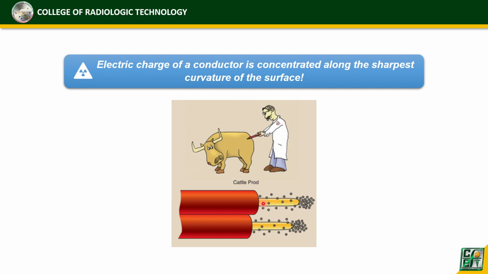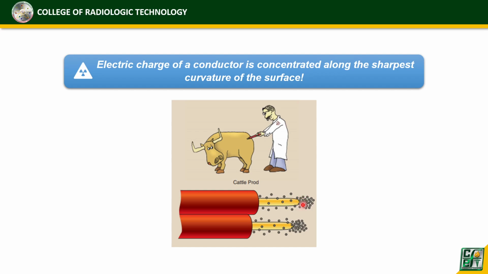Okay. So sabi kanina, the electric charges are distributed uniformly sa surface. Kung makikita natin, uniformly. However, merong concentration ng electric charge sa, sabi dito, sharpest curvature of the surface. Ibig sabihin, sharpest curve. Anong nasa ng sharpest curve?